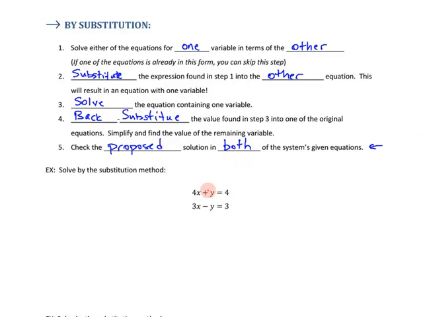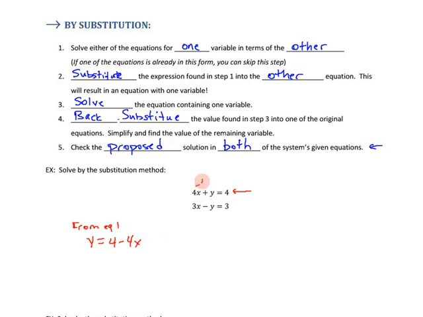So, to solve by substitution, we're going to pick one of the equations and solve it for one of the variables. In this case, I'm going to pick the first equation because it's actually very easy to solve for y. All I have to do is move the 4x to the other side. So from equation 1, I have y is equal to 4 minus 4x.